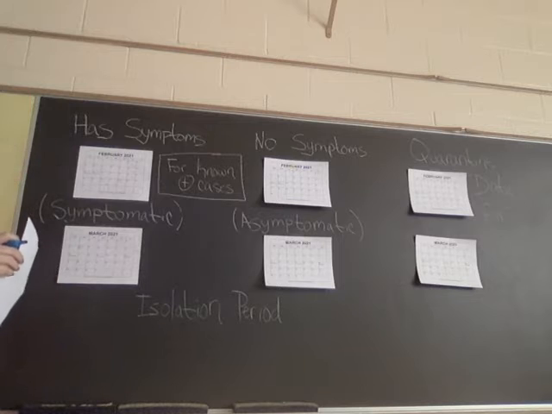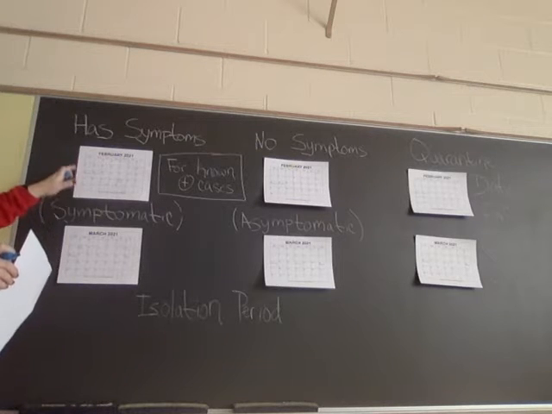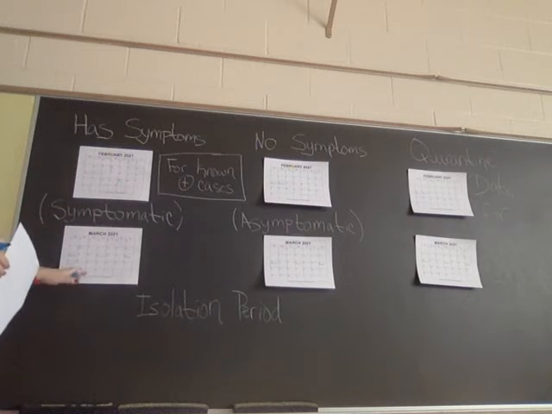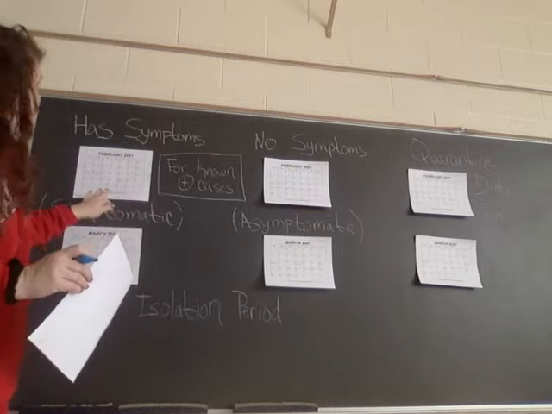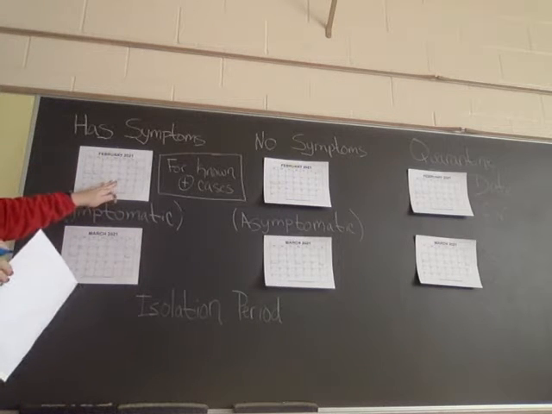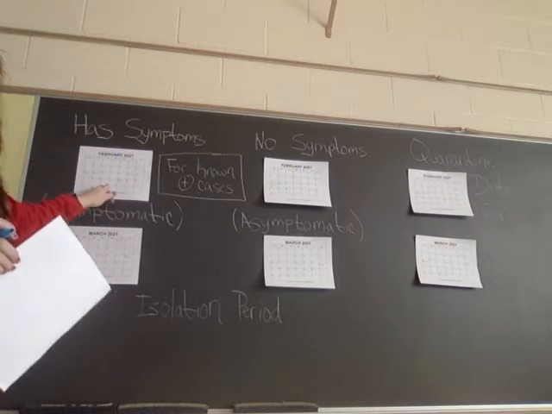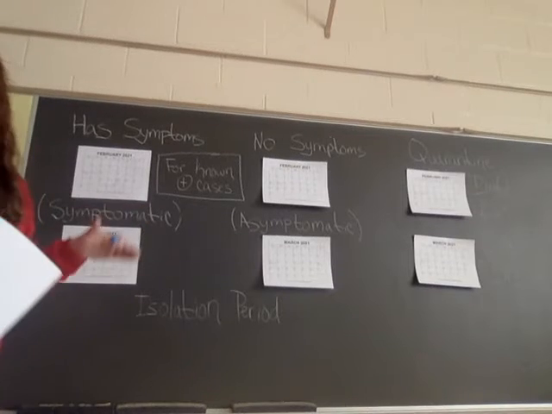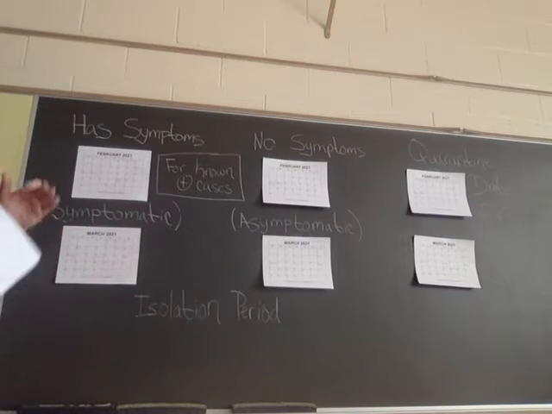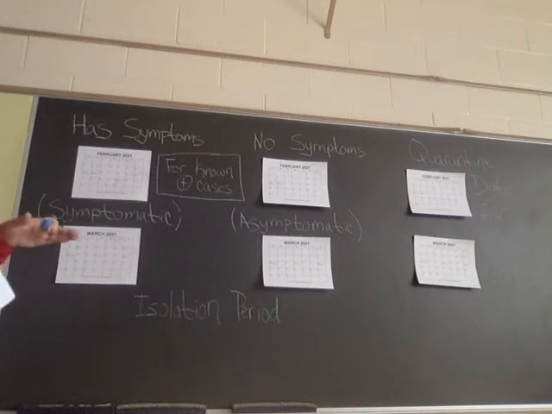Okay? So that's one thing we have figured out. We have figured out how long the person who had symptoms needs to be out of school. Okay, so now we need to go back and look at those dates that we have X's on, and we need to figure out who that person was in close contact with, which means greater than 15 minutes for a total of 15 minutes over a 24-hour period, okay?